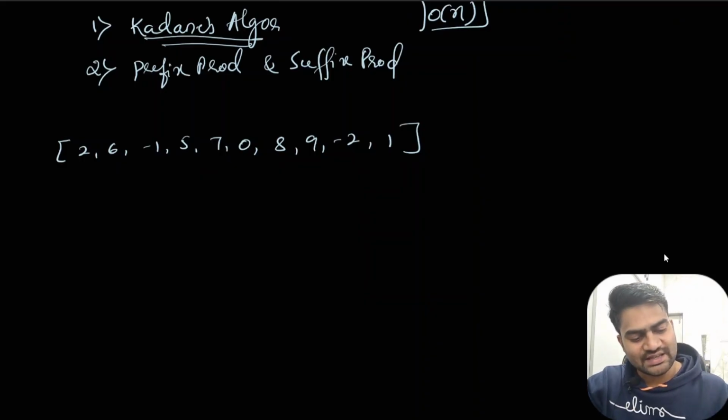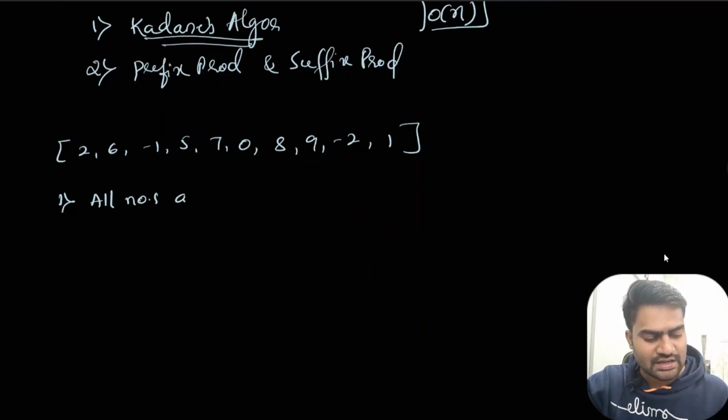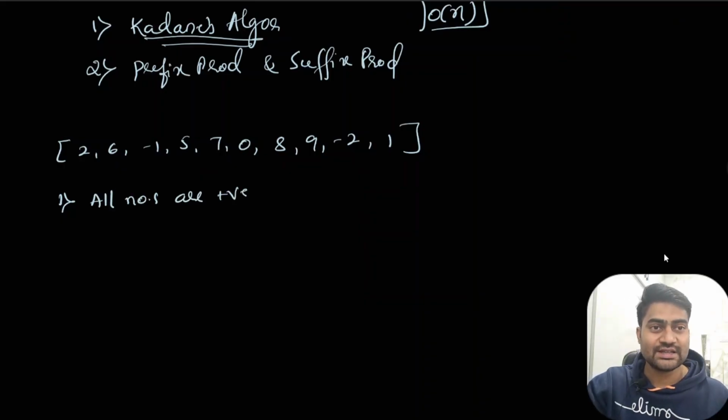So it contains negative numbers, 0 as well as positive numbers. The first condition would be all numbers are positive numbers. Here there is no issue. We can simply multiply all the numbers. So you take the entire array, multiply all of them, and you will finally get the maximum product. This is one case.